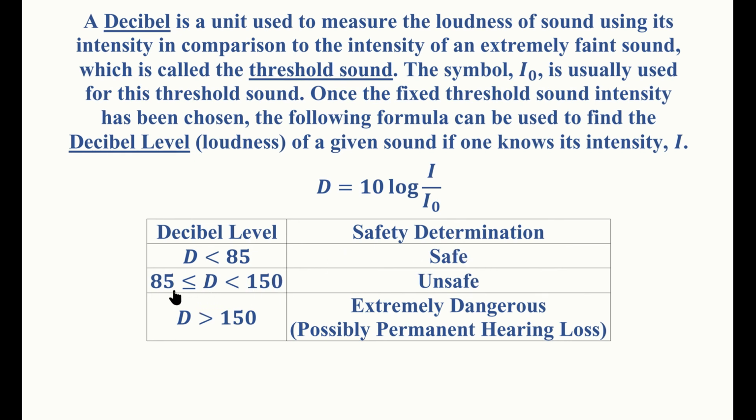Decibel levels greater than or equal to 85 but less than 150, meaning decibel levels between 85 and 150, left inclusive, are considered unsafe. And when you go above 150, you're going to be in the extremely dangerous zone.